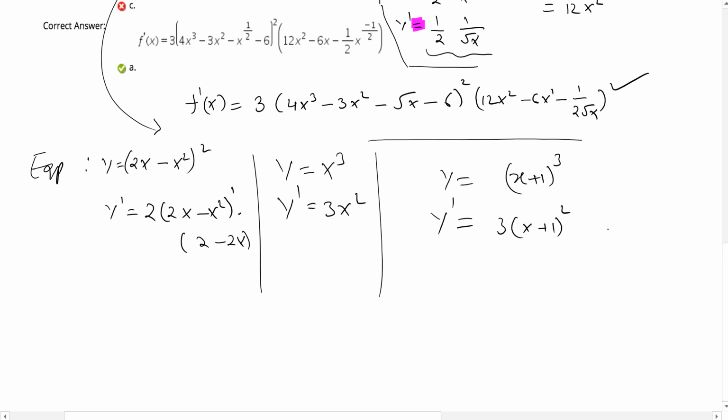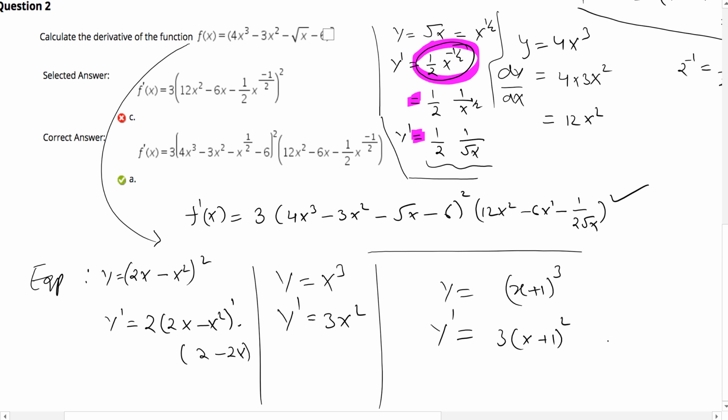So it's a multiplication of this whole thing. So just memorize that whenever you have a bracket and a cube or power 4, whatever power we have, write that power at the front and then write the whole thing as it is, then reduce it by 1 and multiply by the derivative of the inside.